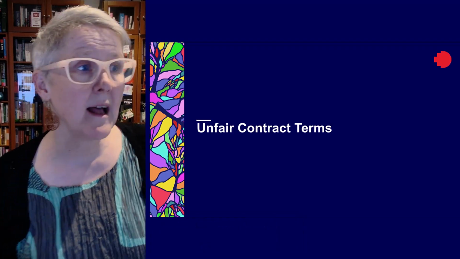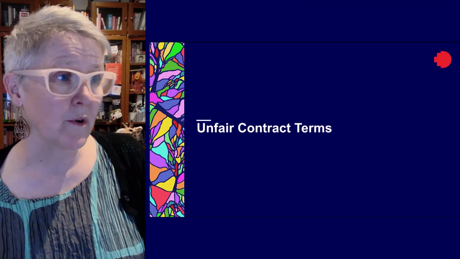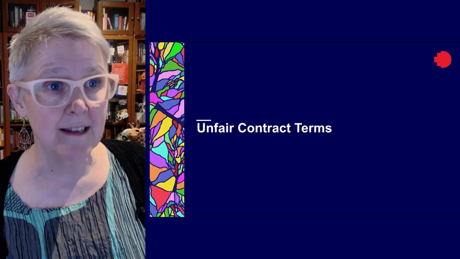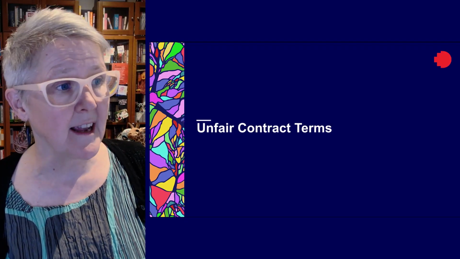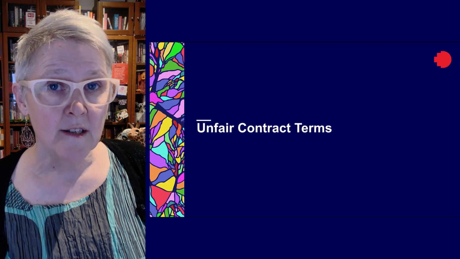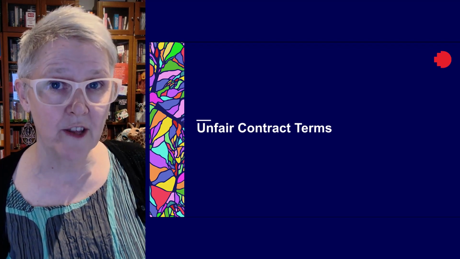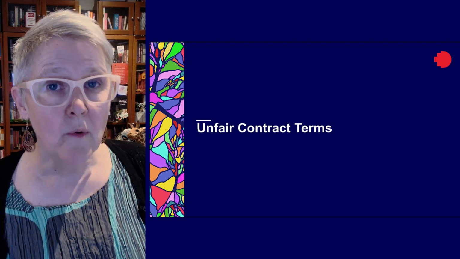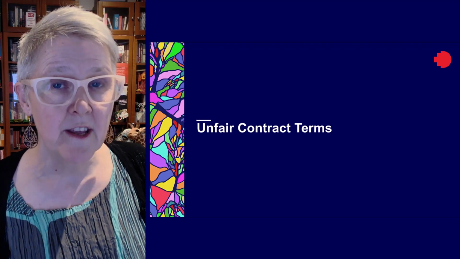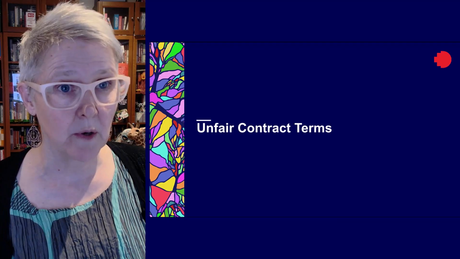So this will be the last of the recorded videos for this week, and we'll deal with other things in the tutorials. But the focus here is going to be on the unfair contract term provisions. So these come out of the Australian Consumer Law, which itself is a schedule to the Australian Competition and Consumer Law.